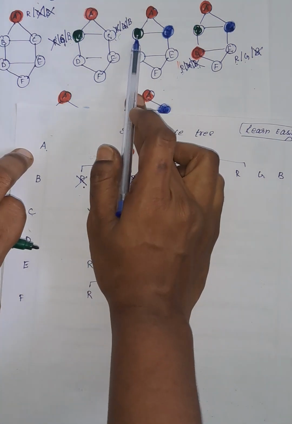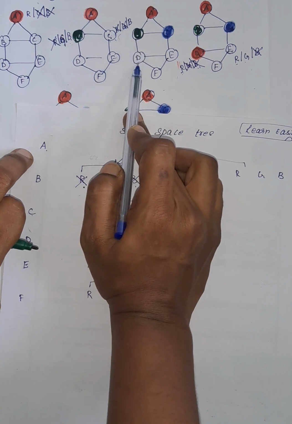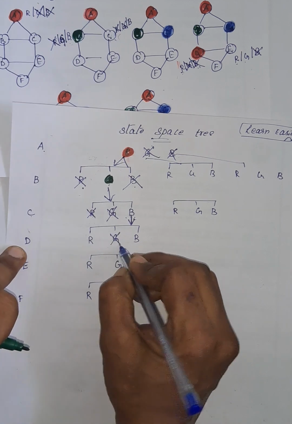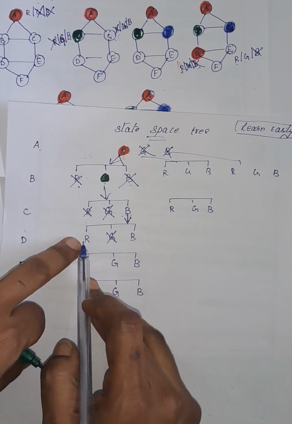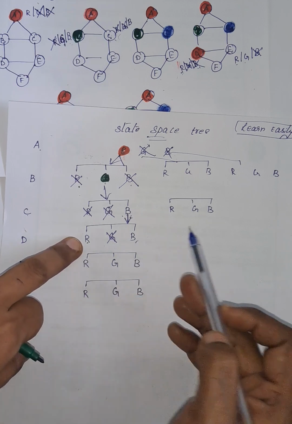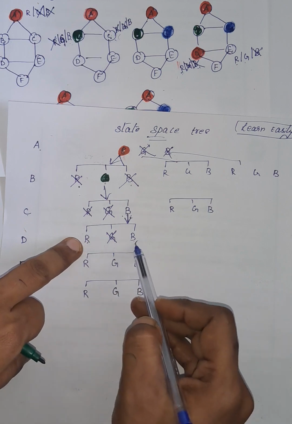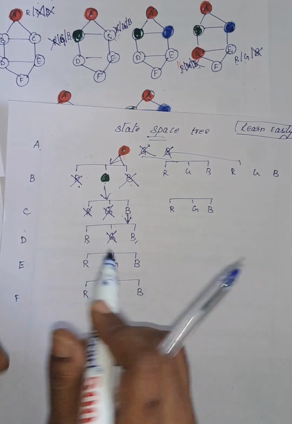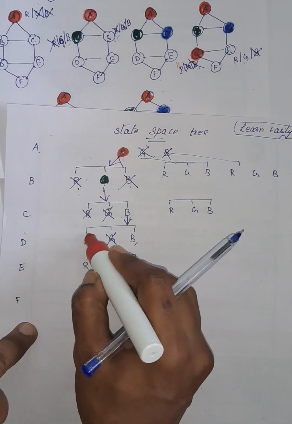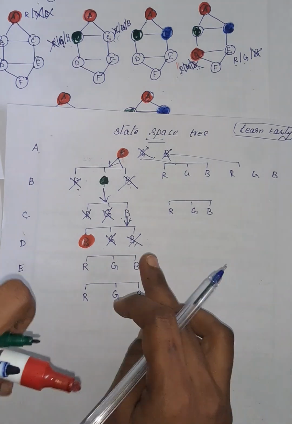But B is given green color and it is connected to D, so D cannot be green. The possibility is either red or blue. We can take either red or blue as we wish. As I am going with red color here, the blue will be cancelled.